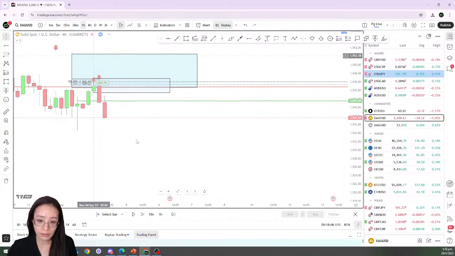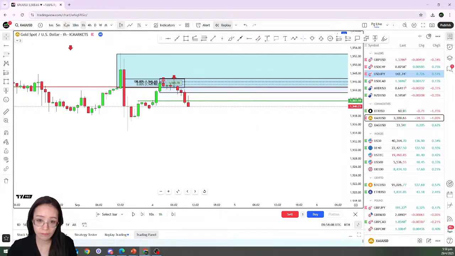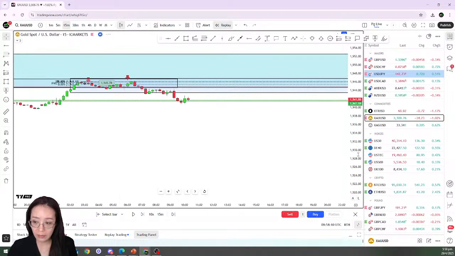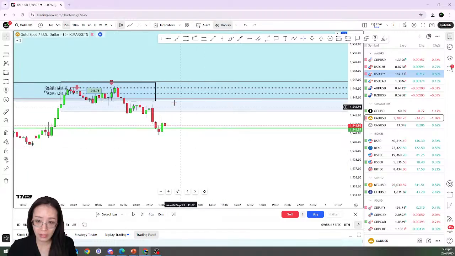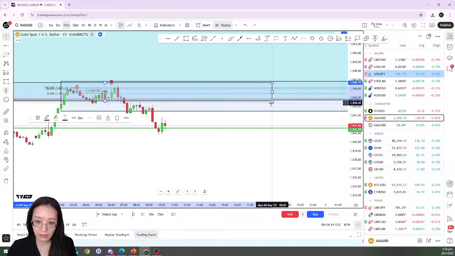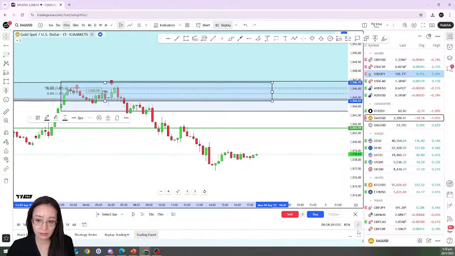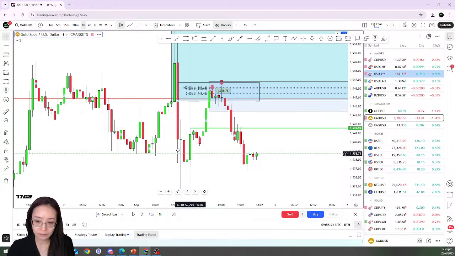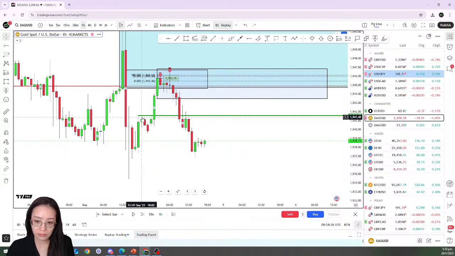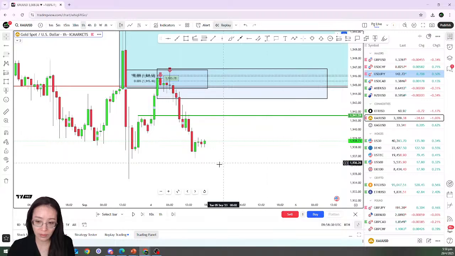Okay, so in the lower time frame, sometimes price might go back up or it may not, but it might go back up here again. You want to see something like that. I go to the higher time frame. The first sell is going to be for 1941.